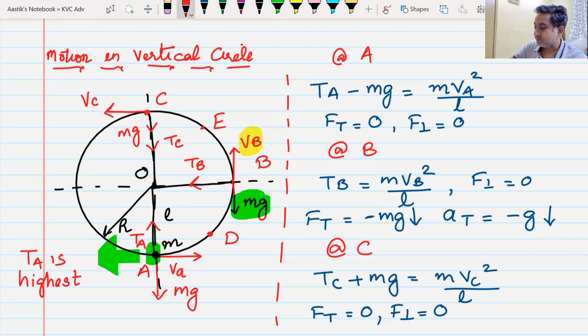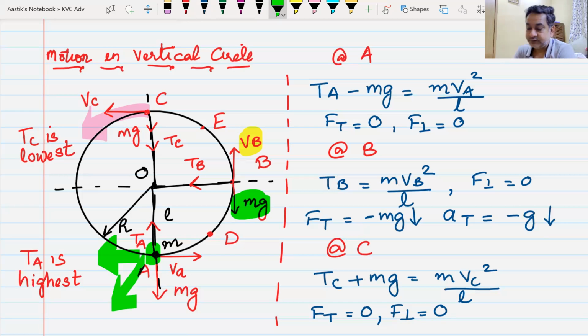So where is it lowest? C, sir. Tension at C is lowest. At which point is the string most likely to break? At A, sir. At which point is the speed highest?